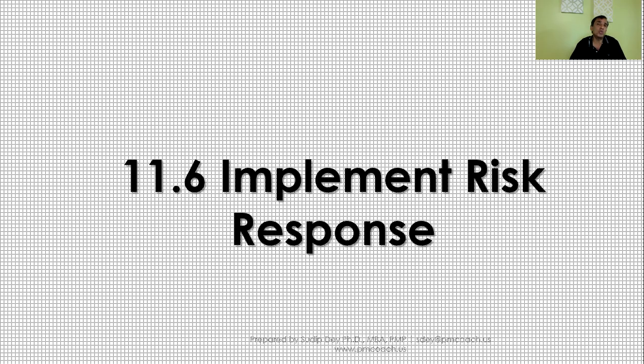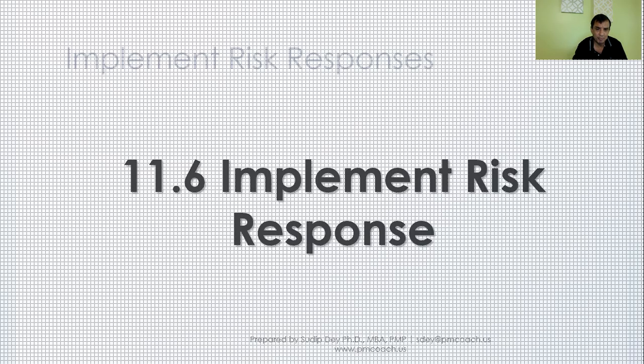So during execution, we will keep an eye on the risks and the responses we talked about, and when something gets triggered based on the triggers we have identified for each risk, we'll go ahead and implement them.